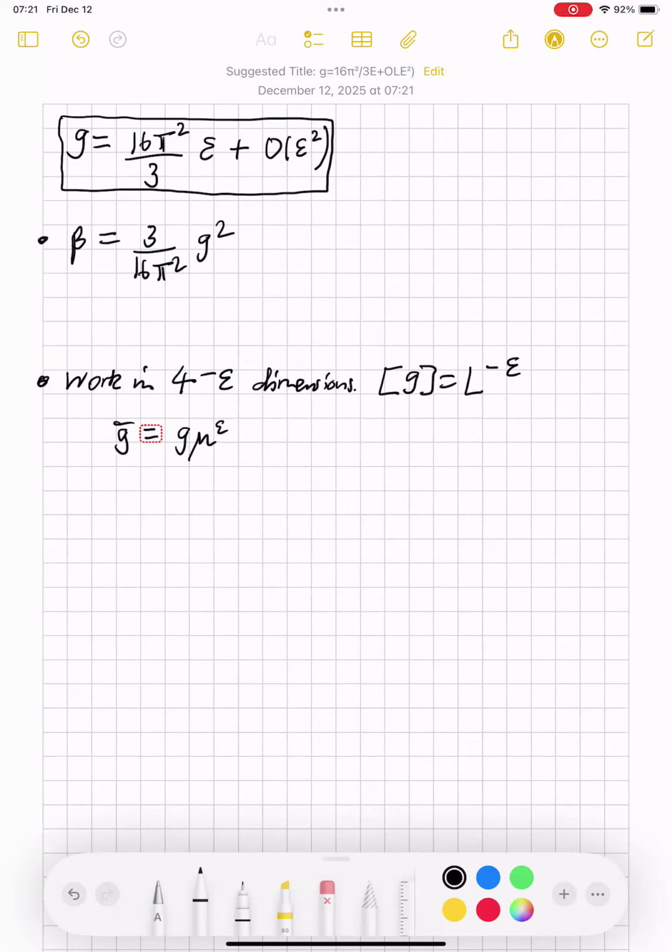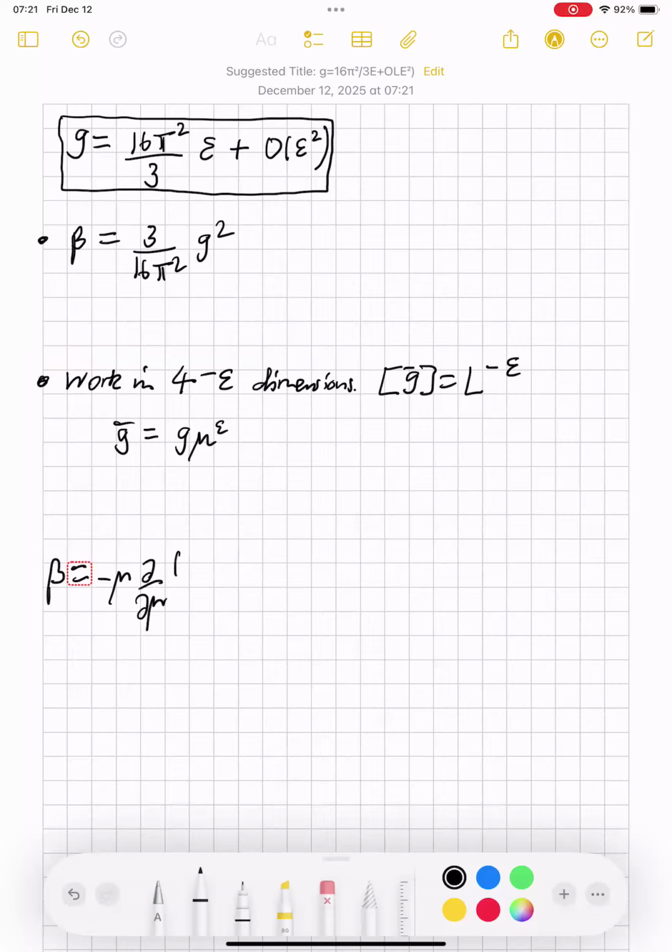So let's put a g bar here. So it's g bar that is dimensionless, but g is dimension full. And then the beta function that we studied was this one. Beta was equal to minus mu d by d mu of g bar.